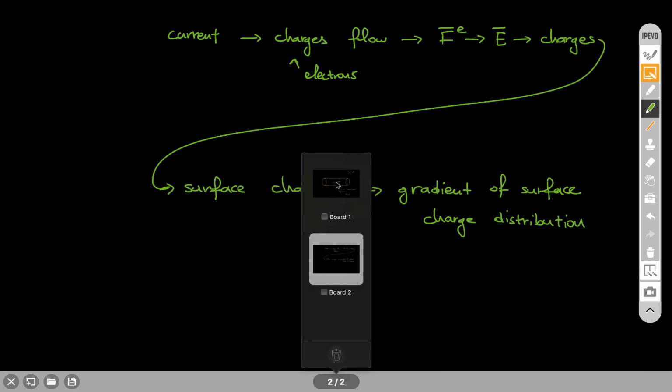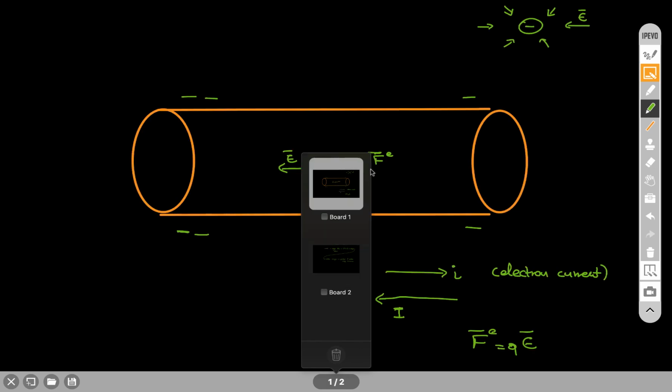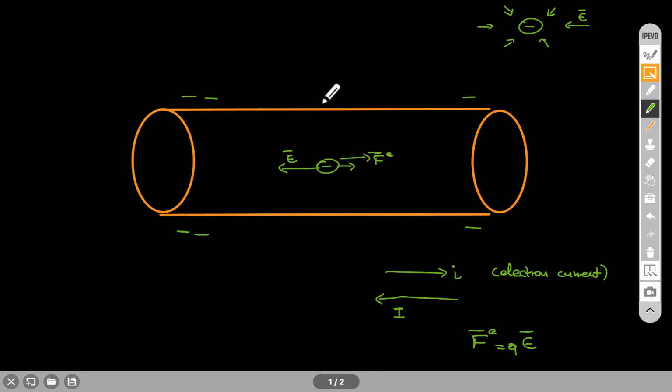So going back to my conductor, as you can imagine, you can think of another case where you have 2 here and 3 here. The fact that you have a gradient of that surface charge distribution will still give you a net electric field to the left.